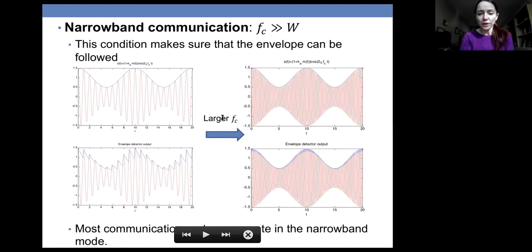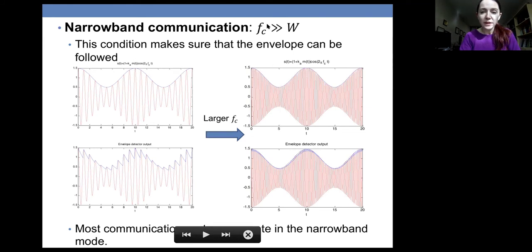Because it is visually clear that the larger the Fc, the more visible the envelope. Of course, then you have to arrange the time constant of the envelope detector accordingly. Okay.